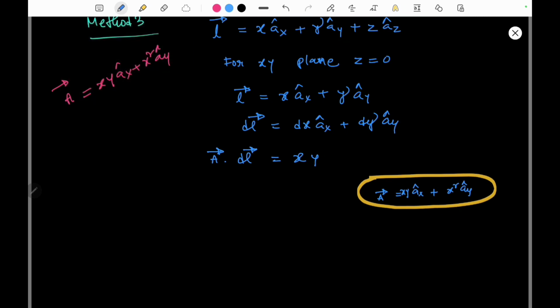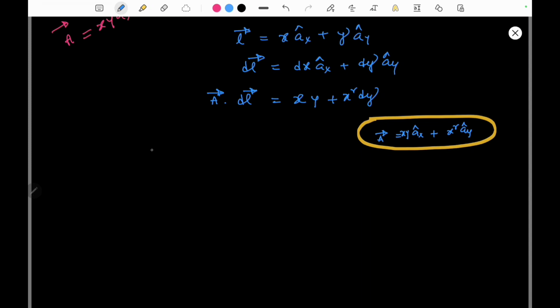So here A vector dot dl vector: A vector is xy x cap, and here dl vector equal to dx x cap. So if we do the dot product, it will be only xy dx, and here x square dy.